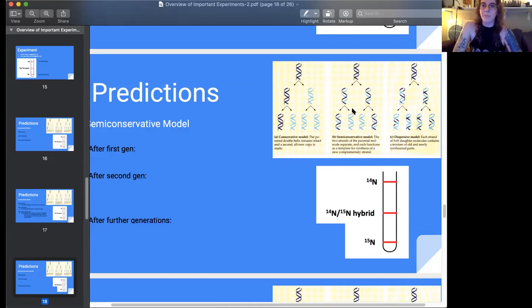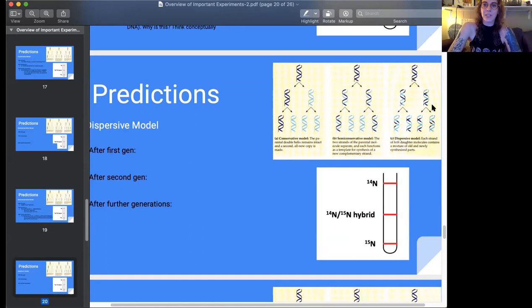We're going to get a massive buildup of just the nitrogen-14 bands relative to the hybrids, just because that is an exponential increase. So here we have 100% hybrid, this one we have 50%, the next generation would be 25%, and so on of the hybrids. So if we were to continue this on, we would just see that this lighter band would be getting thicker and thicker. So that's another way that we could detect the semi-conservative model.